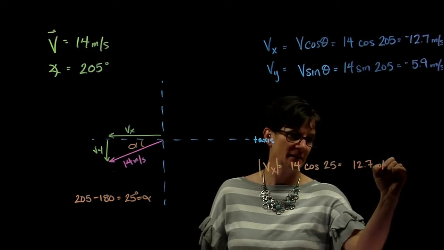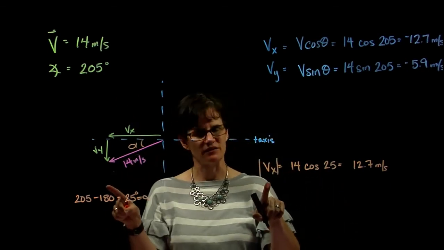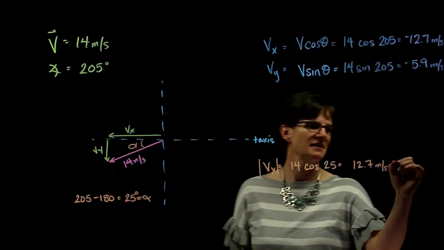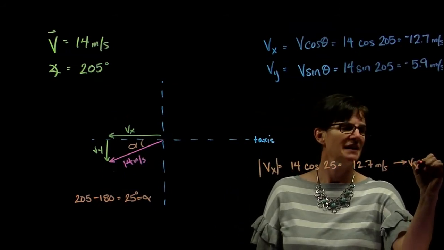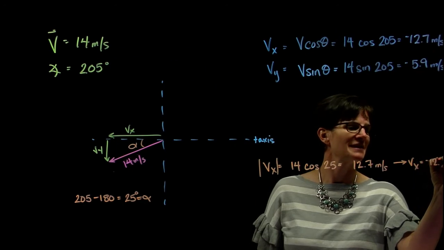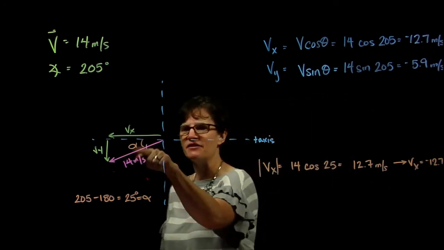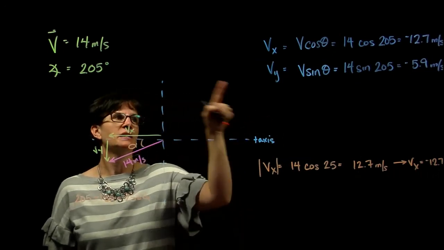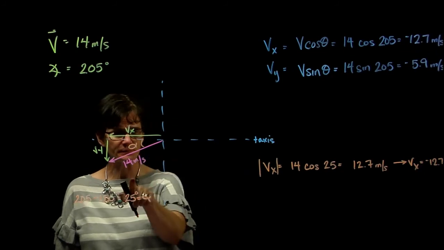We need to keep in mind that we just looked at magnitude, and then I have to go and ask what the physics tells me. It tells me it's to the left, so the true velocity component is negative. I have to assign that negative value explicitly if I do not use the angles relative to the positive x-axis.